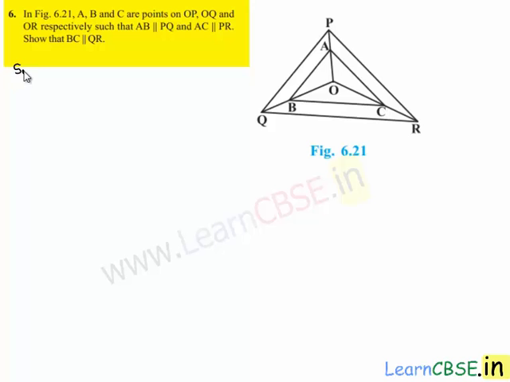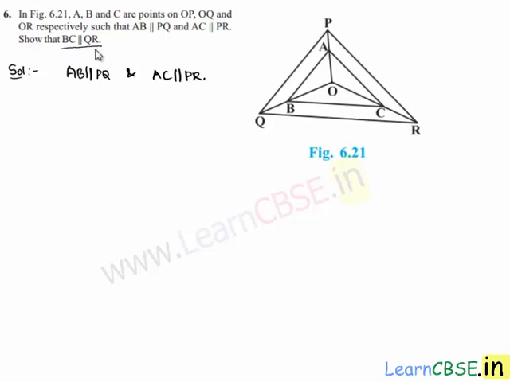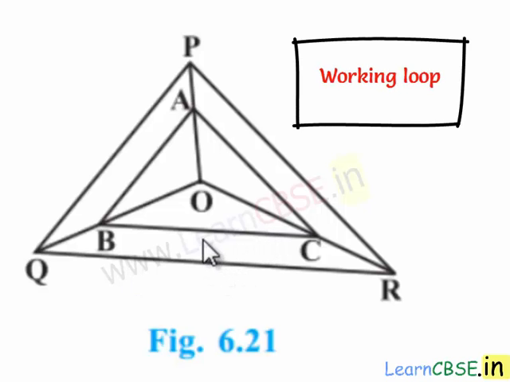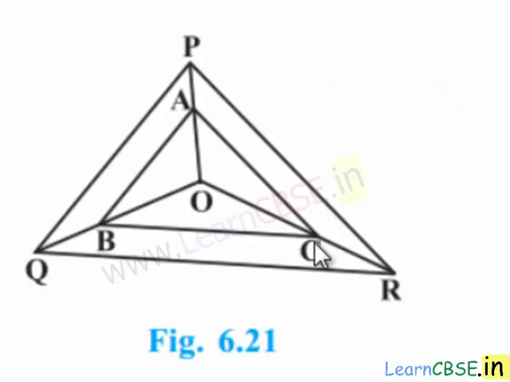Now moving on to the solution. It is given that AB is parallel to PQ and AC is parallel to PR, and we are asked to prove that BC is parallel to QR. In order to prove that BC is parallel to QR, if we are able to prove that OB by BQ is equal to OC by CR, by the converse of the basic proportionality theorem we can say that BC is parallel to QR.